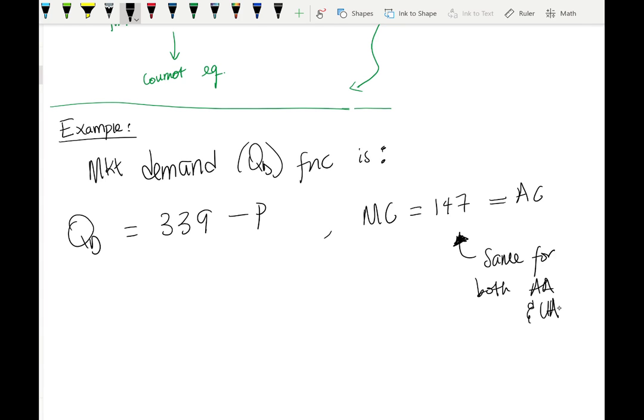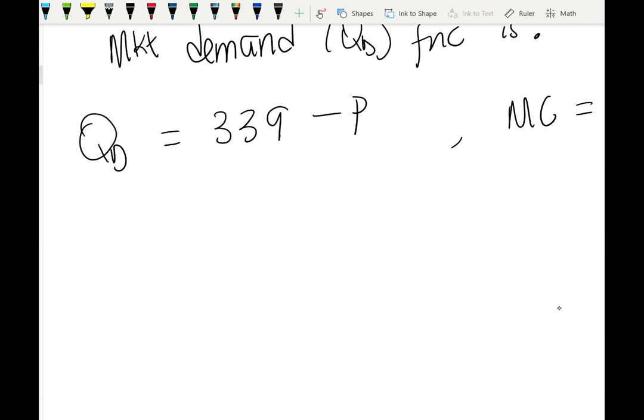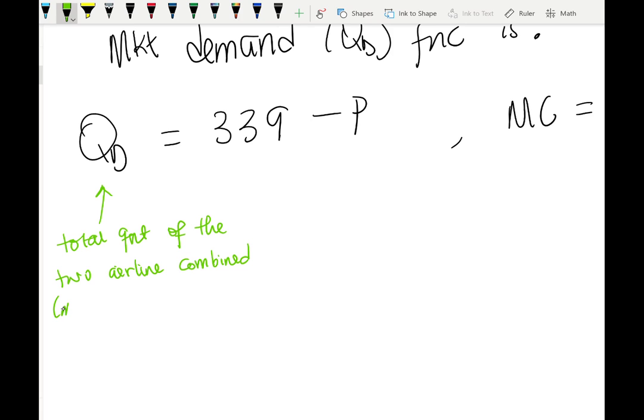Okay, let's look a little bit more at this demand function. QD here is the total quantity of the two airlines combined. I'm going to measure this in thousands.